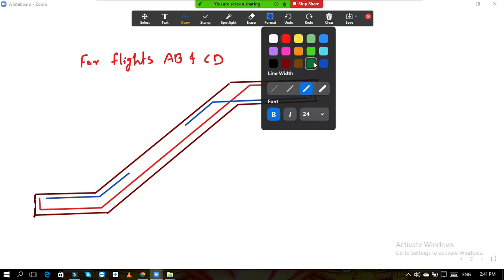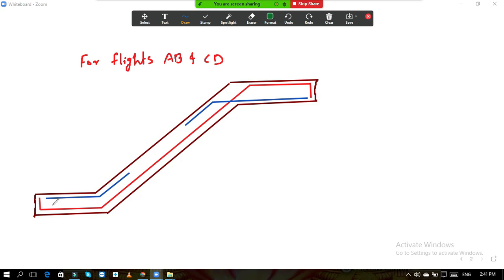So now we will draw the distribution steel. The distribution steel is in this way. Before drawing that, I will complete this profile. Now we will draw the distributions.